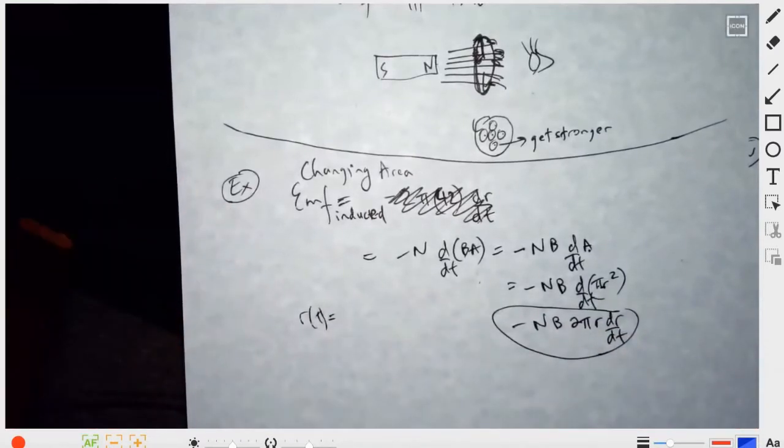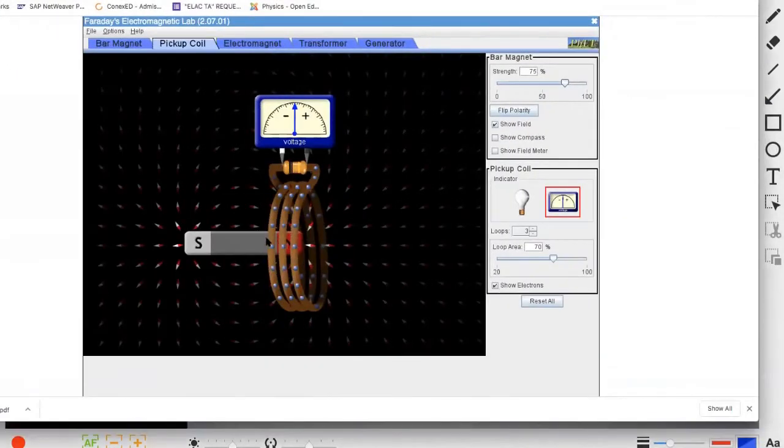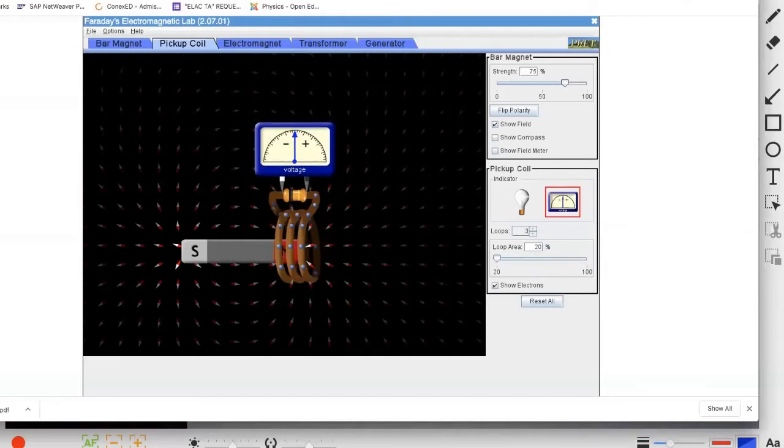So if we go to the simulation, I'm going to try to mimic a problem that resembles this situation. I have a magnet inside of it. So then I'm going to start with the radius small, like this. So the radius here is about 15 centimeters.